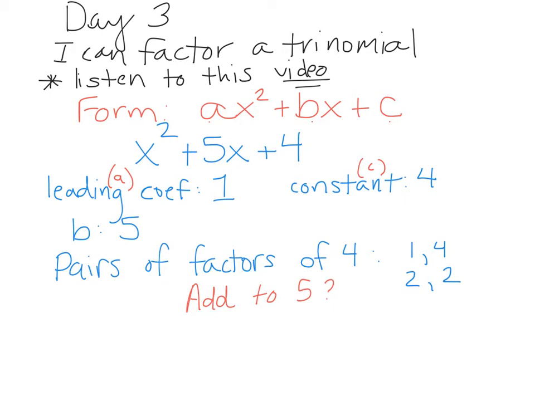The reason I'm picking 5 is because that's our B right here. Do either of those add up to 5? Yeah, this adds up to 5. If we were going to FOIL x plus 1 and x plus 4, we'd see that it gives us back what we started with.